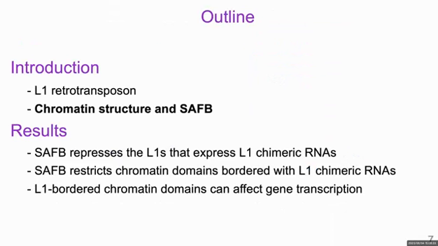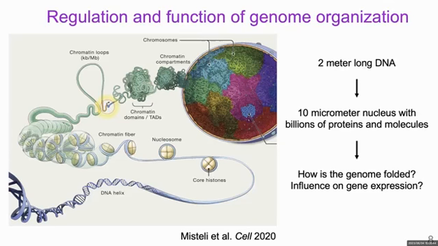This talk will address the role or function of Line 1 in chromatin structure, which is also regulated by the protein SAFB. We know that the human DNA is about 2 meters long in human cells, but it is folded in a 10 micrometer nucleus, which is also filled with billions of proteins, RNA molecules, and RNA binding proteins.